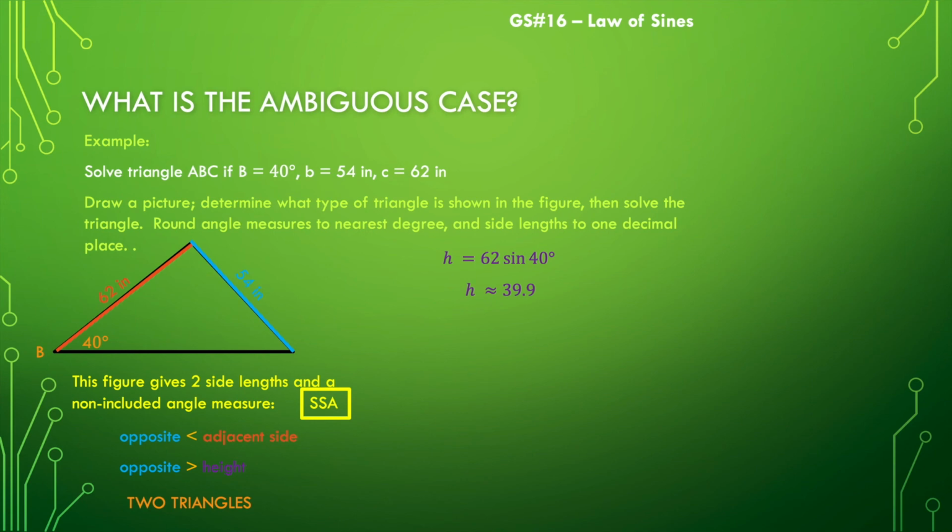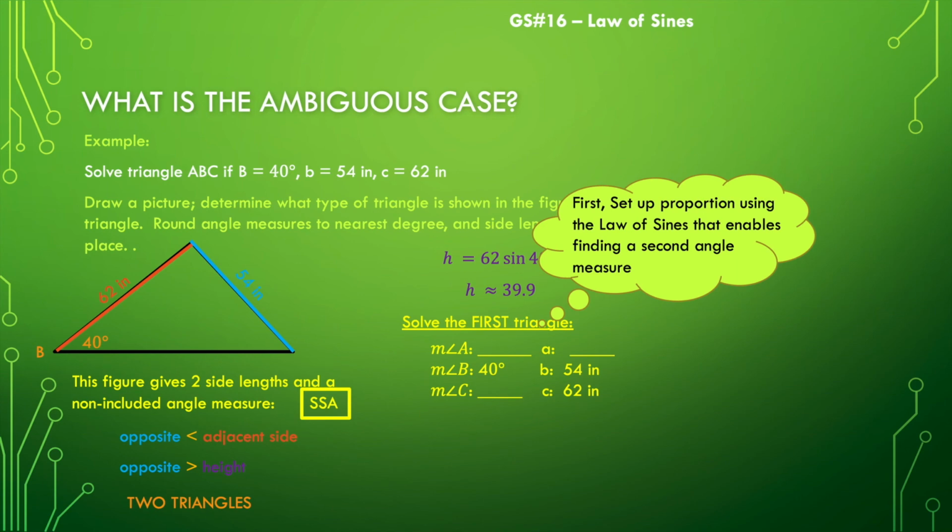The first triangle is exactly what you see here. So we're going to go ahead and solve it just like we did the first example. We are going to start by organizing our work, all right, and put everything in its rightful place. I know that the measure of angle B is 40 degrees. I know side length B is 54 inches, and side length C is 62 inches.